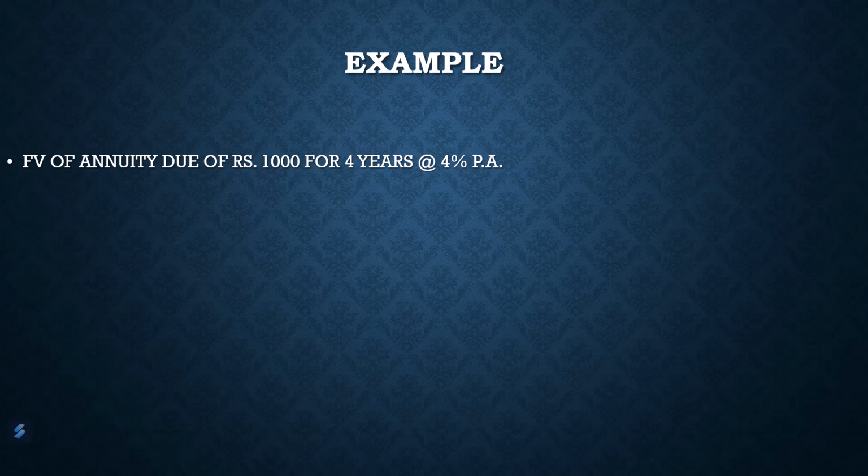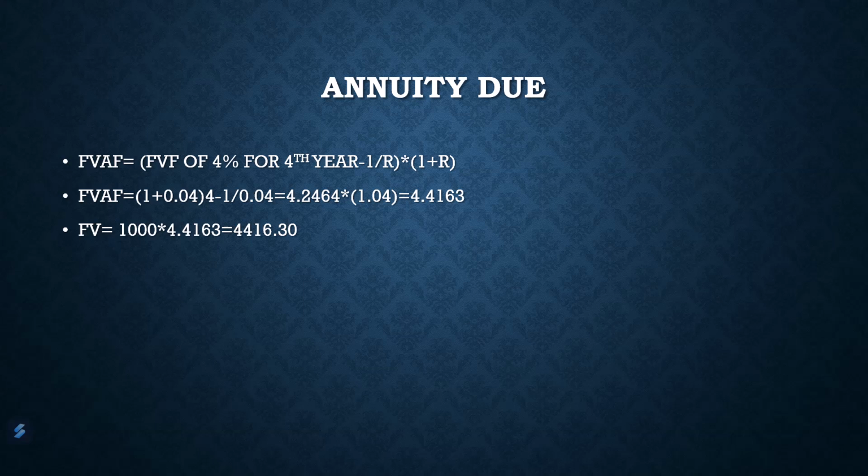So, to understand this concept, we have this simple example. Find the future value of annuity due of rupees 1000 for 4 years at 4% per annum. So, what we have to do? First, we will find the future value annuity factor of 4% for 4 years as if it is annuity regular.